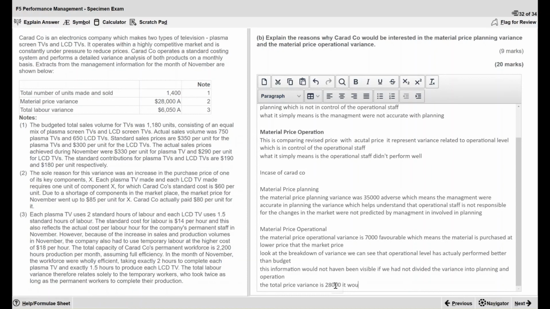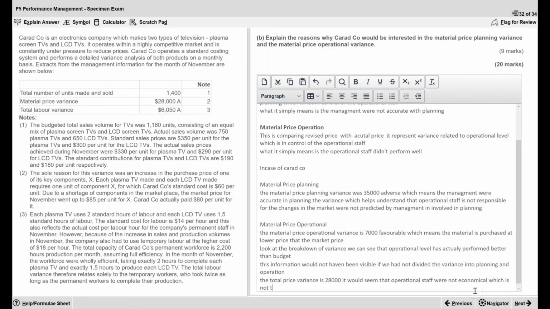It would seem that operational variance were adverse, and that operational staff were not economical, which is not true.